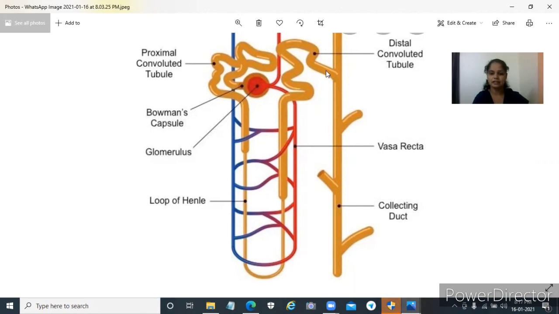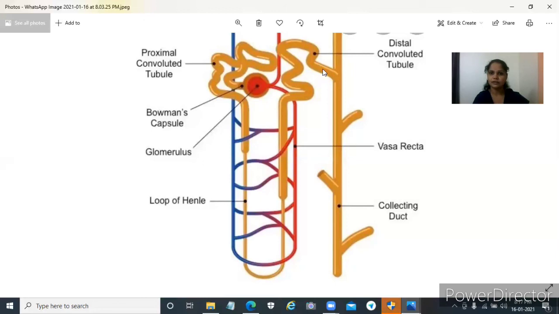They take part in selective reabsorption, meaning the wastes are taken from the capillaries and taken inside the DCT. They are part of the urine. Now these waste substances are a part of the urine and they open into the collecting tubule.